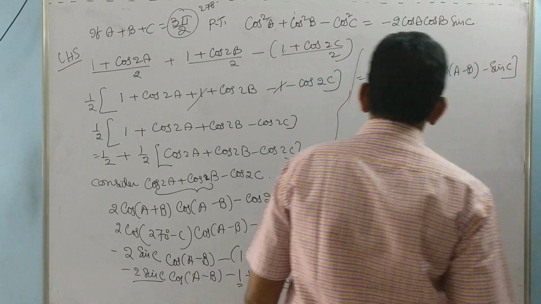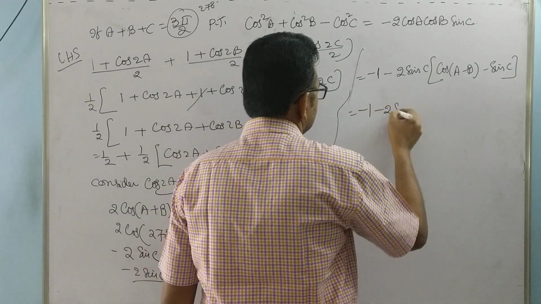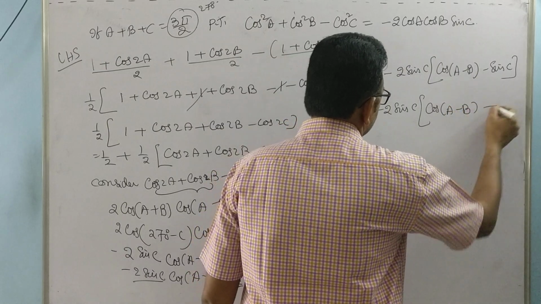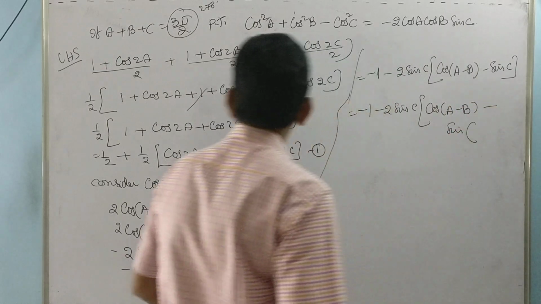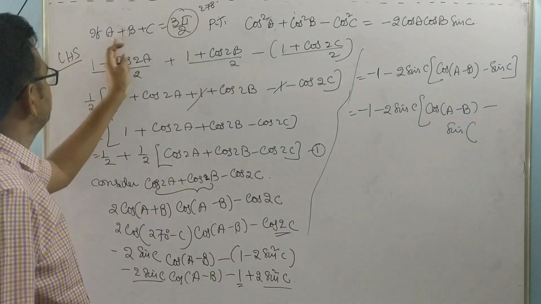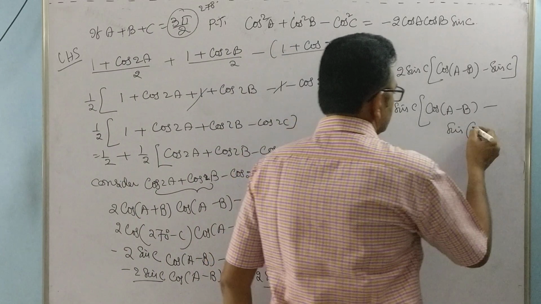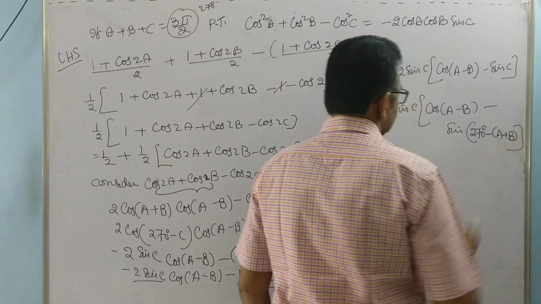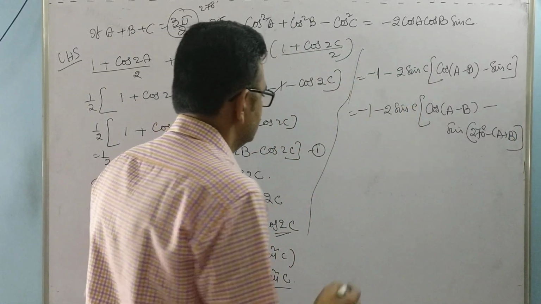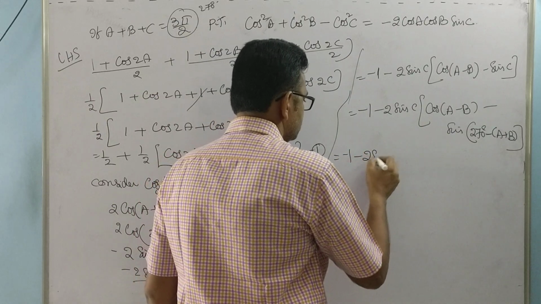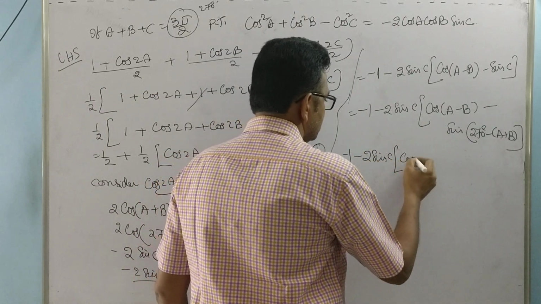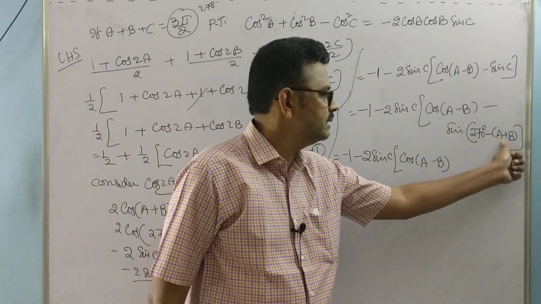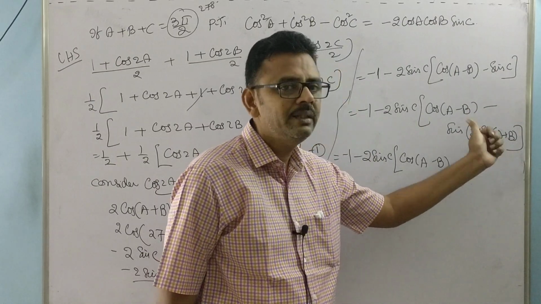So this is equal to minus 1 minus 2 sin C of (cos of (A minus B) minus sin C). Sin C can be written with C equal to 270 degrees minus (A plus B). Sin of (270 minus theta) is in the third quadrant, where sin is negative.